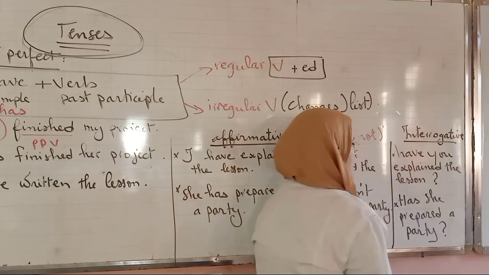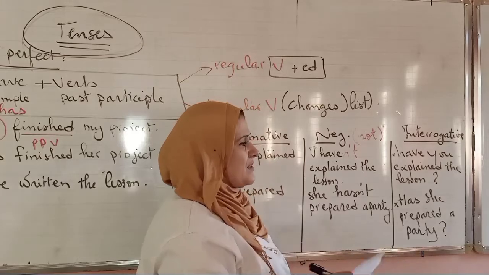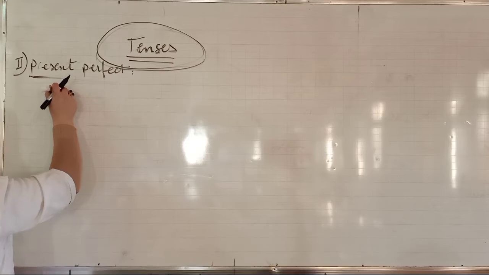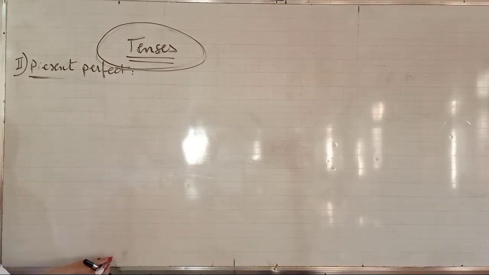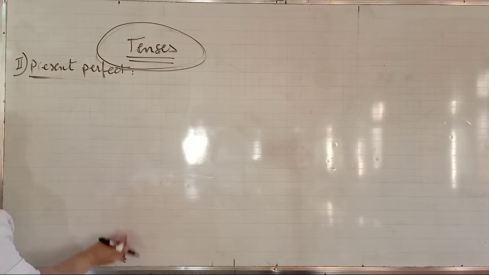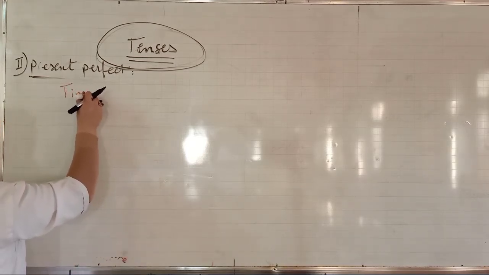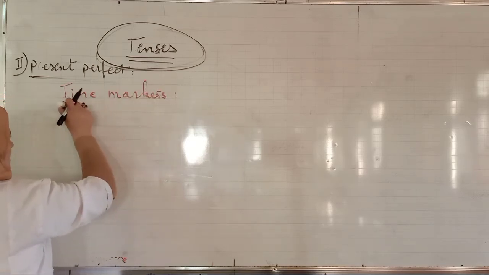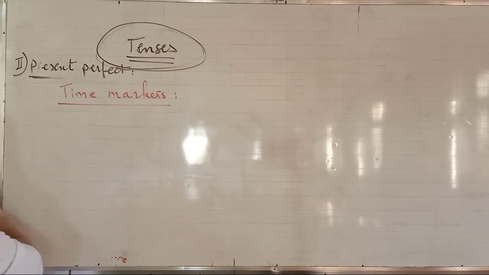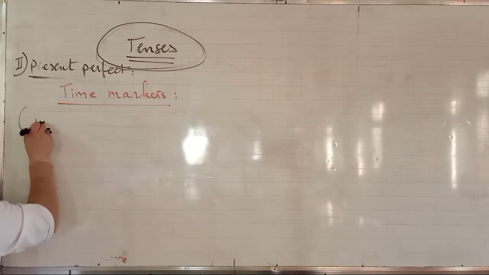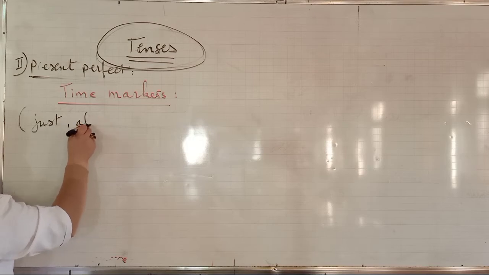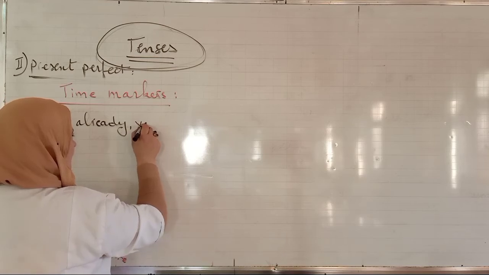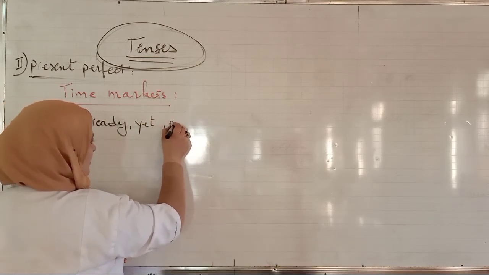And question mark, okay? And of course, for this tense, we have also time markers. The time markers of the perfect tense are: just, already, yet, ever.